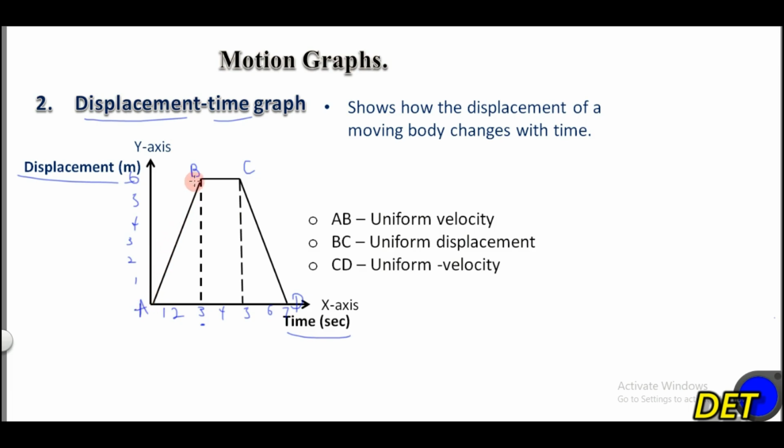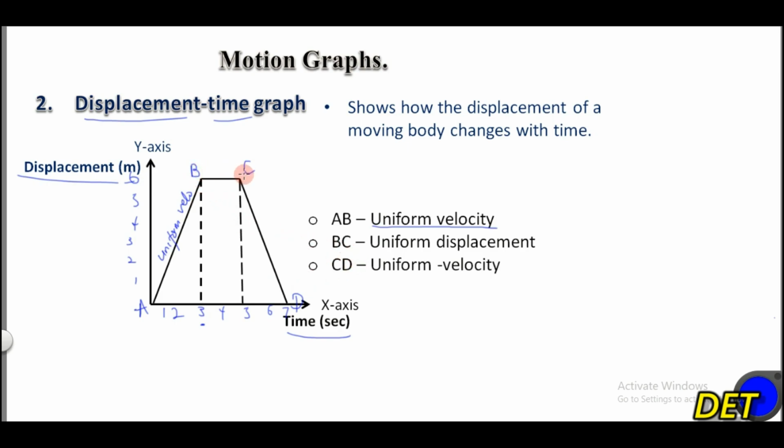So A to B represents our uniform velocity. Velocity is displacement over time, right? Displacement is changing with time, so that is our uniform velocity. This slope represents our uniform velocity because the displacement of the body is changing with time.